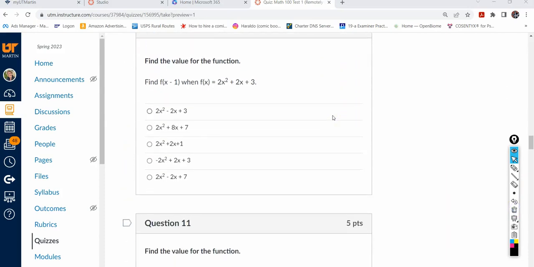Okay, so now what I have to do for this one is when it's something a bit more complex than a number, let's rewrite the formula and just put blank parentheses instead of an x. And we want to find f evaluated at x minus 1.